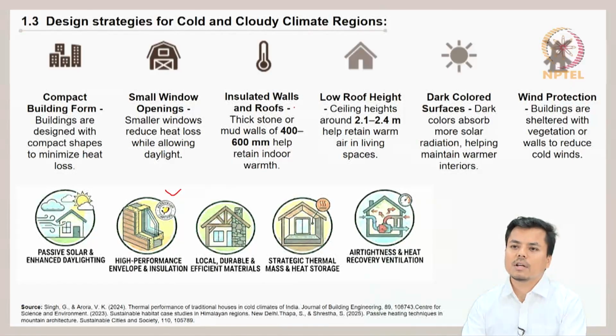The next is insulated walls and roofs. Thick stone or mud walls of 400 to 600 mm help in retaining indoor warmth. That is why buildings in cold and cloudy climatic regions use stone as a very common building material. Low roof height, that is, ceiling heights in these buildings are also very low.